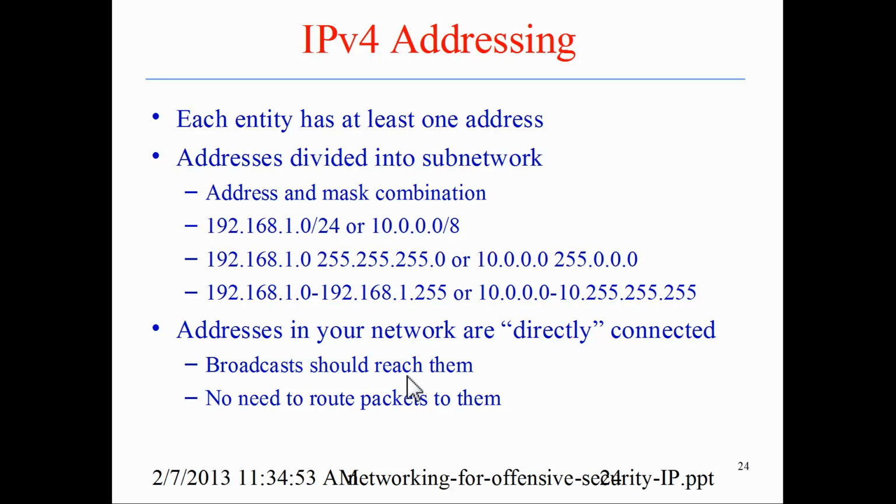However, each entity on an IPv4 network has at least one IPv4 address. It can have any number at once, and addresses are divided into subnetworks in order to provide routing algorithms.